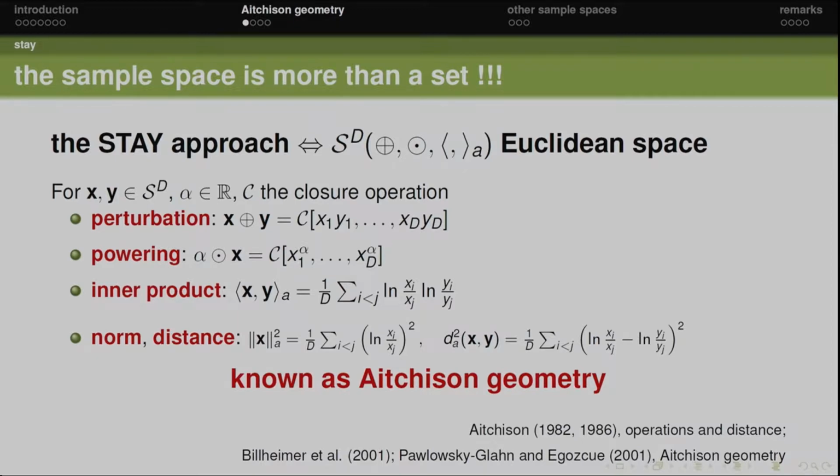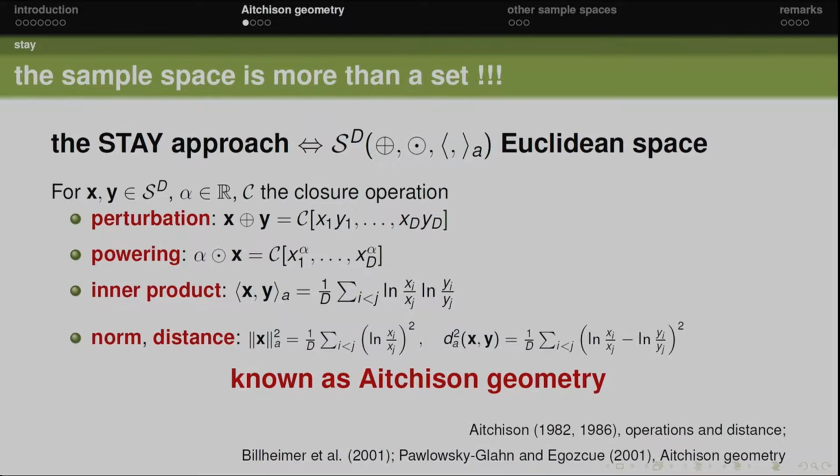Based on early developments by John Aitchison, it was possible to prove that the simplex, as a representant of the equivalence classes, is a Euclidean space.